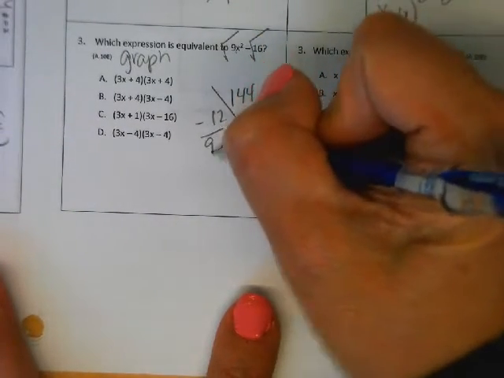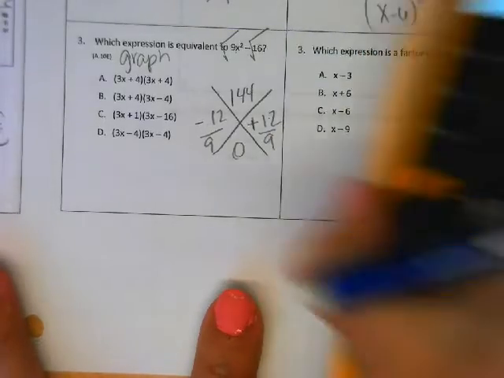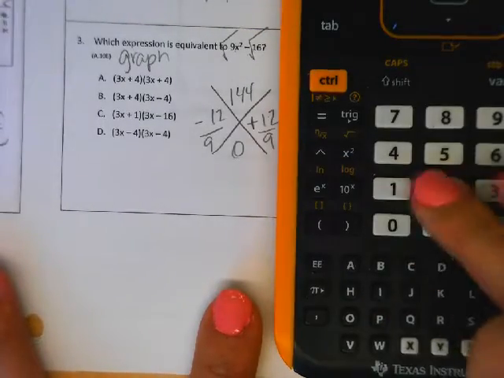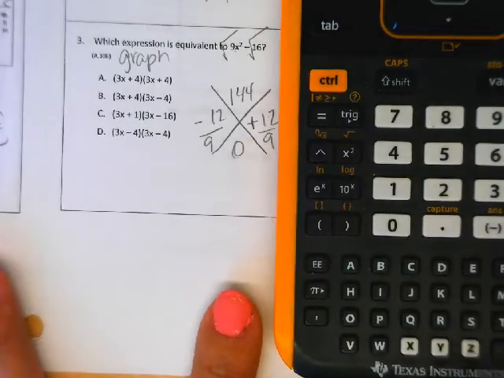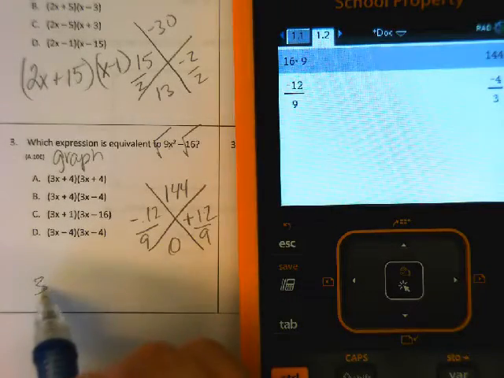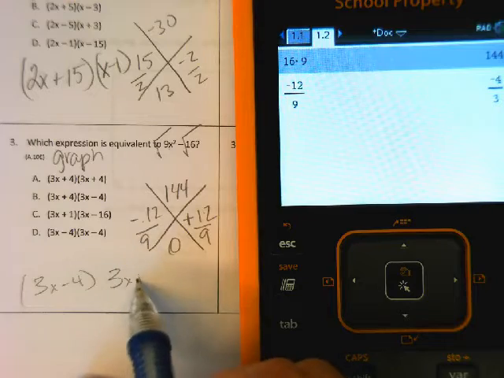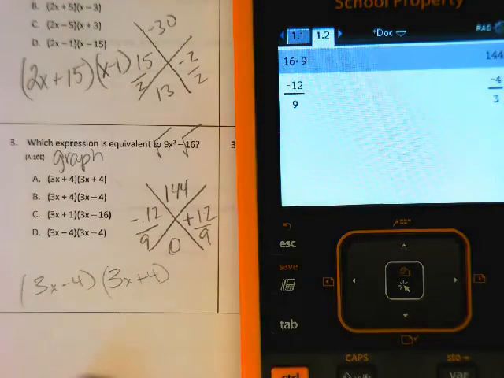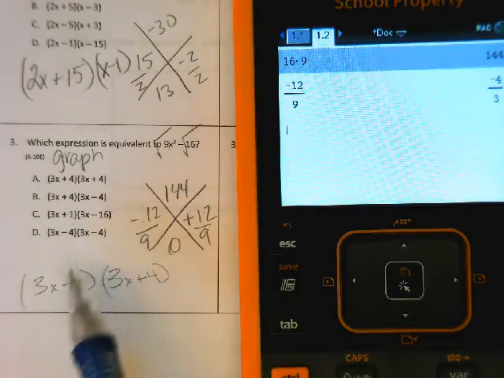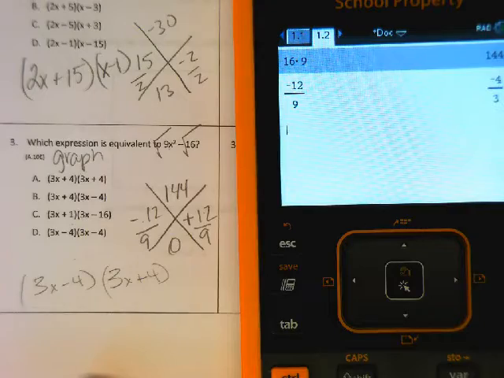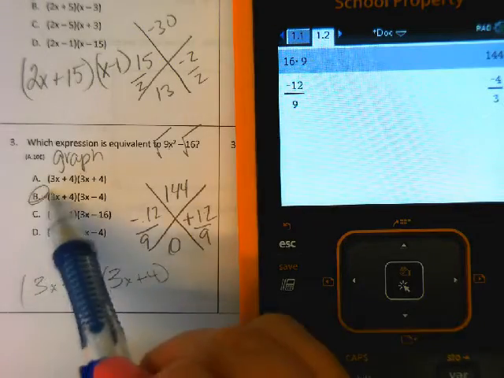But then you also have that 9. So if you do not remember how to do this, you get -4/3, and then you'll get a positive 4/3. If you don't remember that, graph these and look for the overlap. That's going to be your best bet. This one is going to be B.